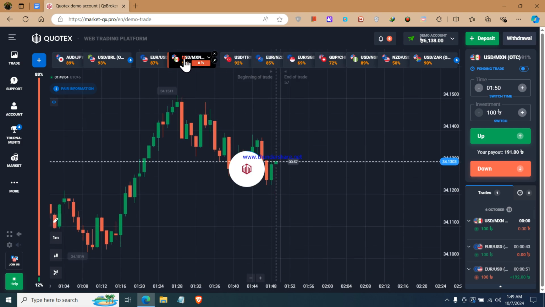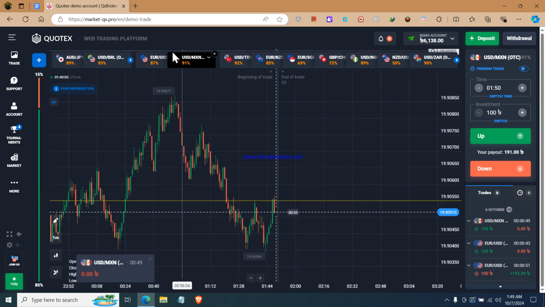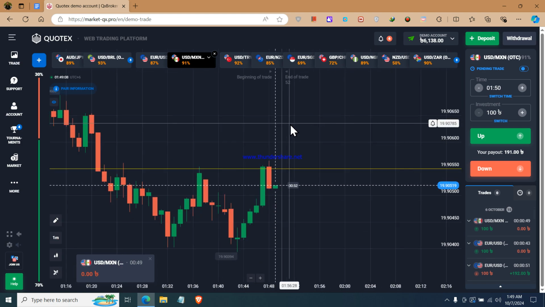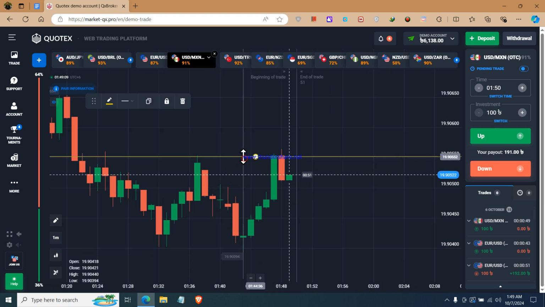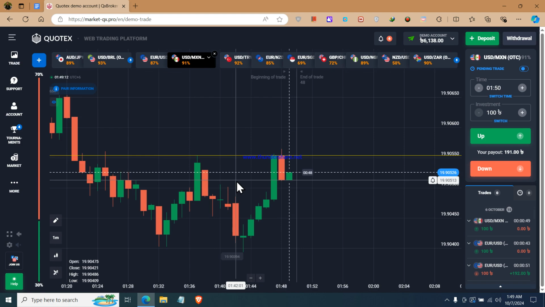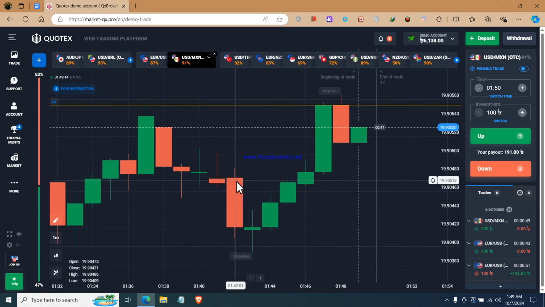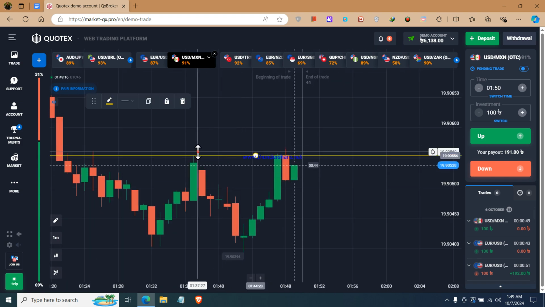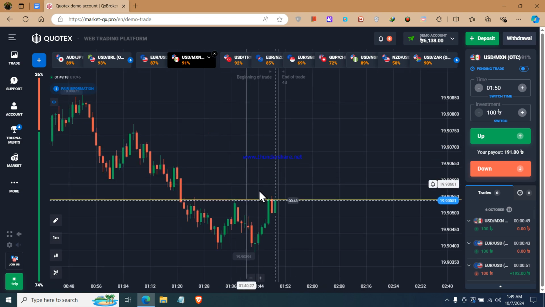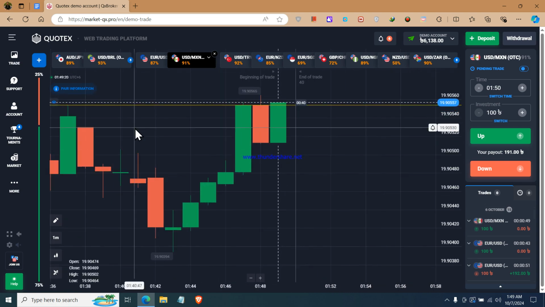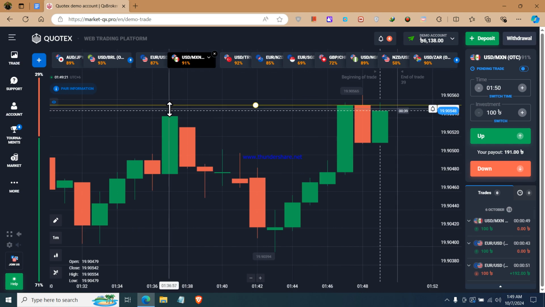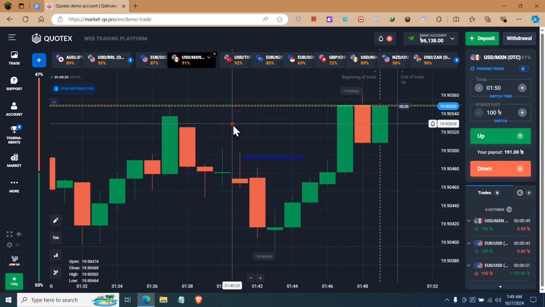Let me trade on some other chart. Okay, I think I should have taken this neckline. Instead of taking 50, I should have taken this neckline as neckline.